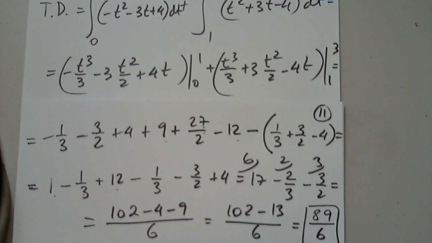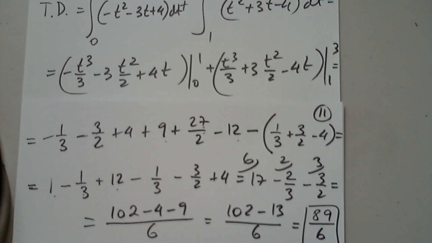I don't know why it doesn't come up directly, but anyway, from 1 to 3. And this time we have t squared plus 3t minus 4, dx. When I click enter, I have to get this.